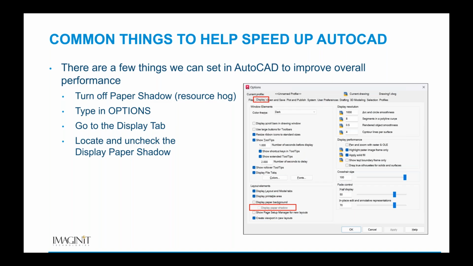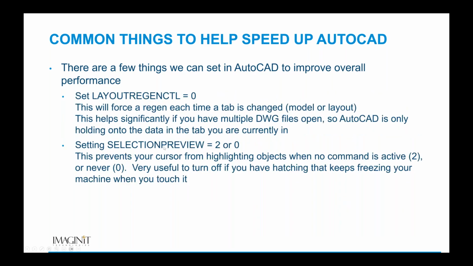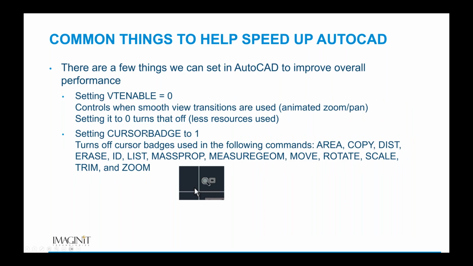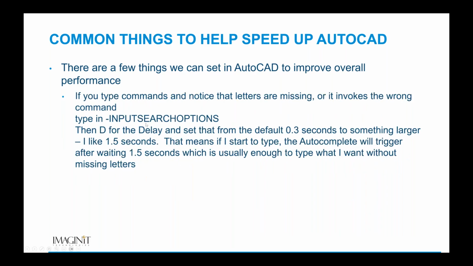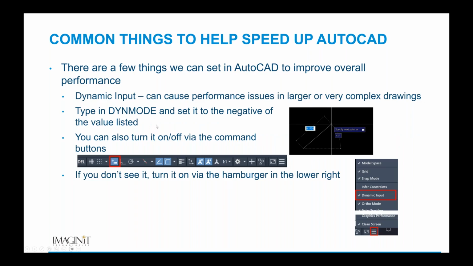Can these be set across the network via group policy or Intune? Most of these can. So, layout regen control, selection preview, VT enable, cursor badge, input search options, and even DYN mode. All of these could be set by a startup list like ACAD or acad.doc.lsp.